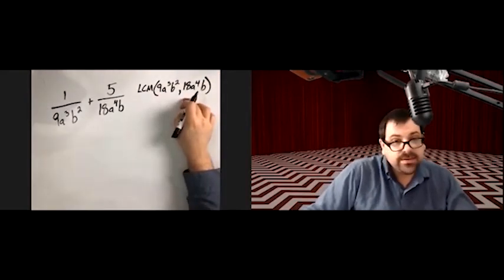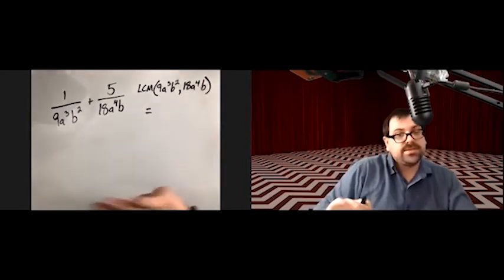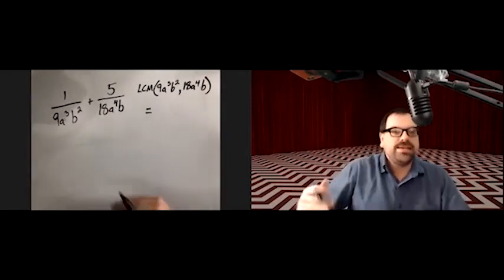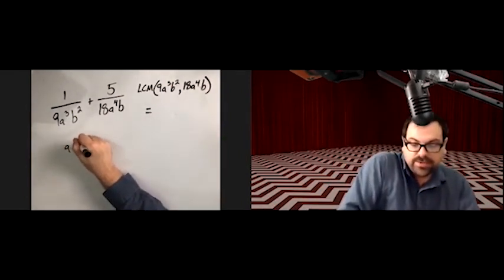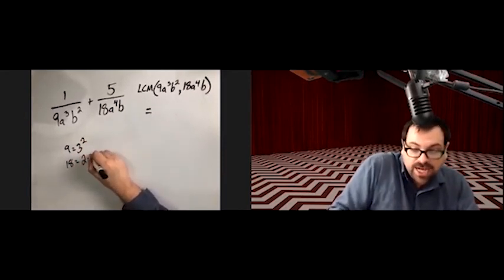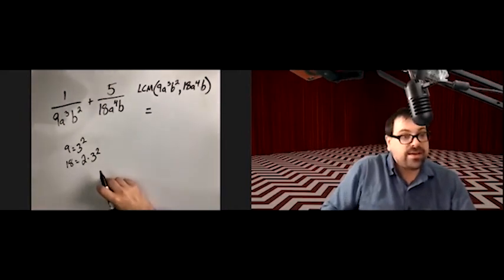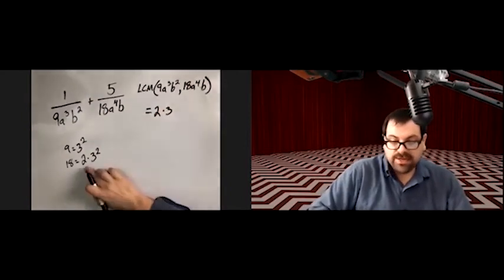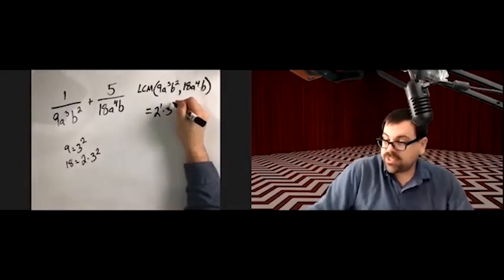Well, 9 and 18 is going to be, let's do prime factorizations. If you see it's going to be 18, that's great. I just want to keep using the rule consistently throughout. 9 is 3 squared. 18 is 2 times 3 squared. So every factor we have to the highest power. We have a 2. We have a 3. The highest power of 2 is to the first. The highest power of 3 is squared.